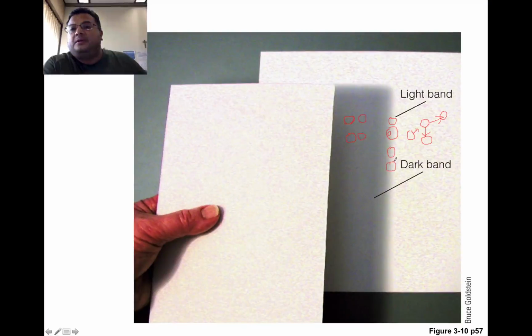However, no, I'm sorry, let me back up. These guys on the border here are being lit up, but they are also being inhibited by the dark areas.